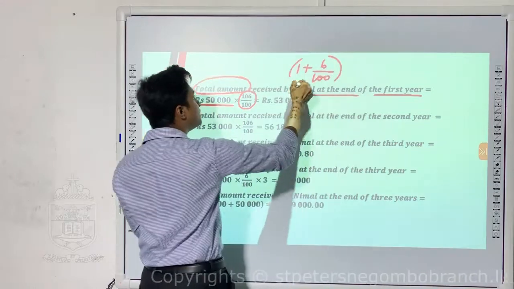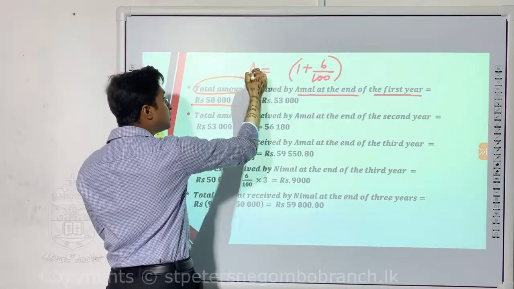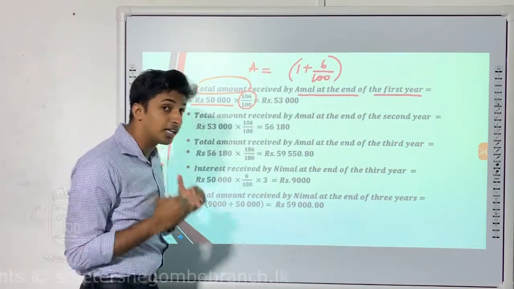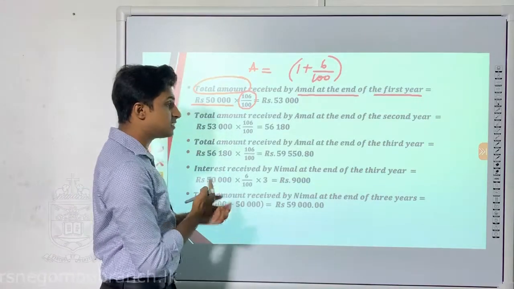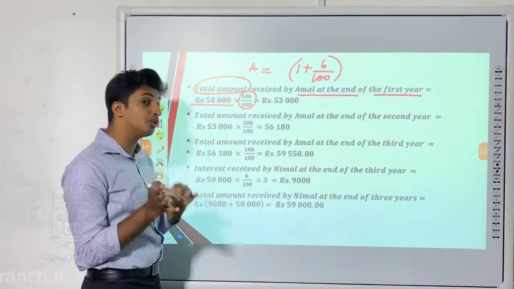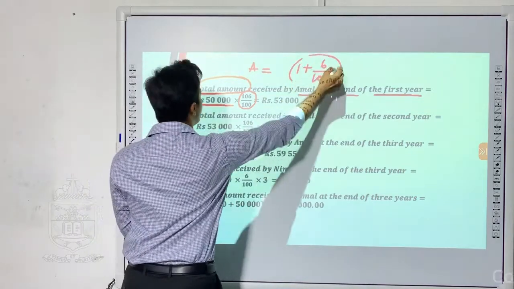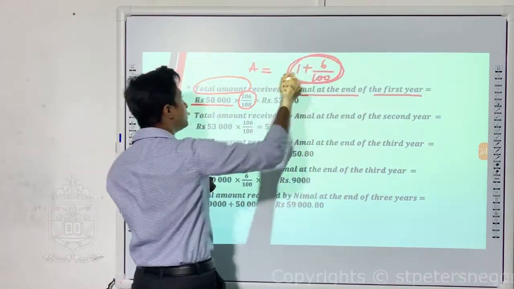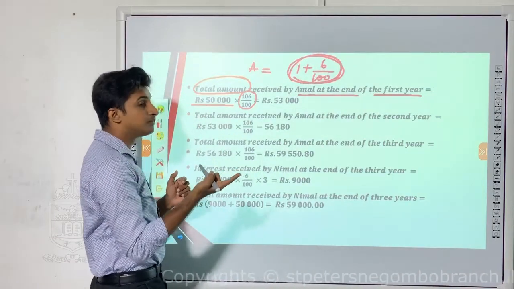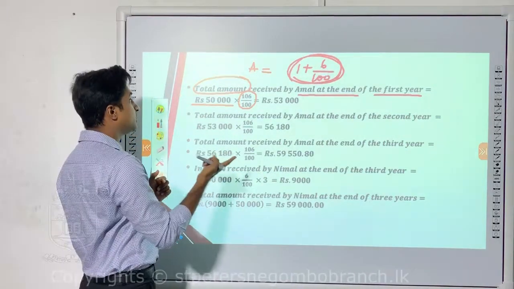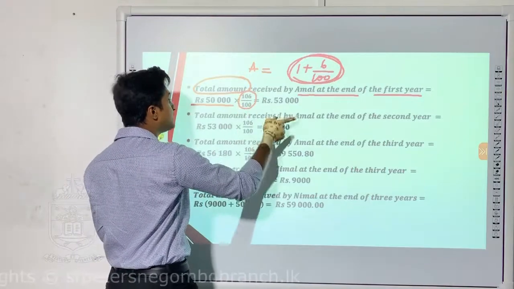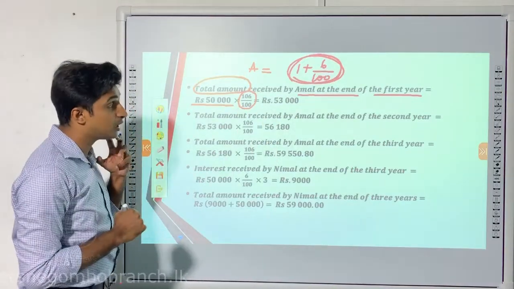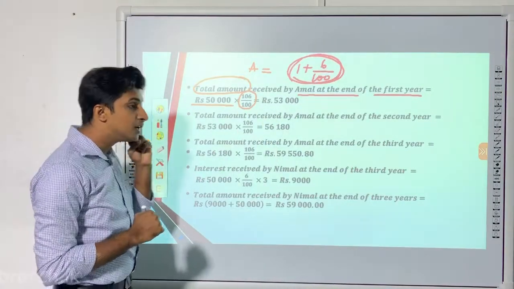If you are calculating the total amount without calculating the interest first, whenever you are taking the fraction, you need to take it by adding 1 to the given percentage. So that is 106 over 100, that is equal to 53,000. That is the total amount he has received by the end of the first year.